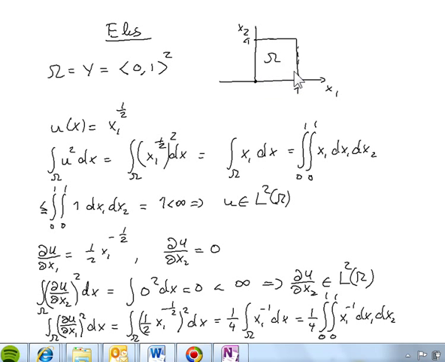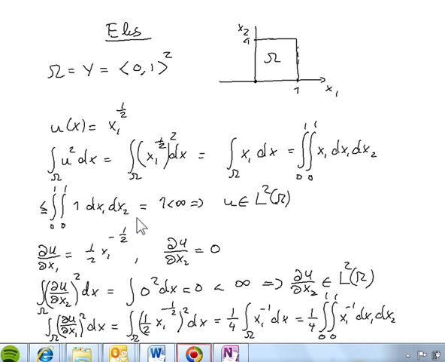And since omega is from 0 to 1, we can just compute this double integral from 0 to 1 of x1 dx1 dx2, and this is less than the integral of the constant 1, because in this square, x1 is less than 1.